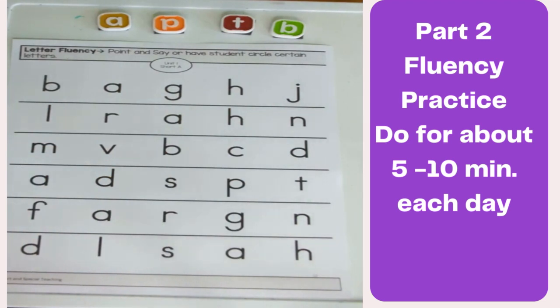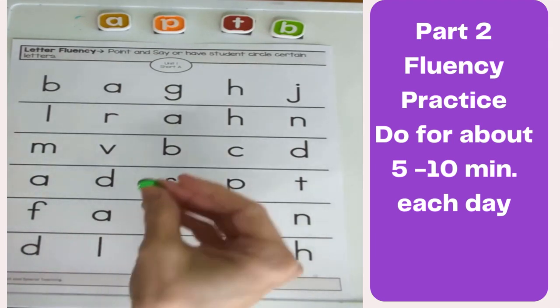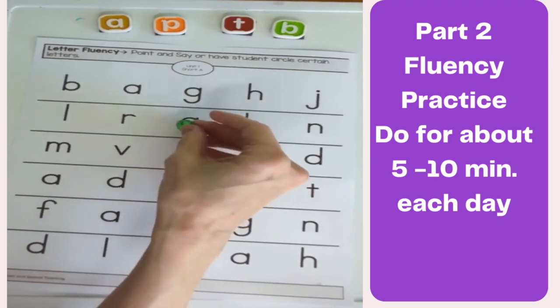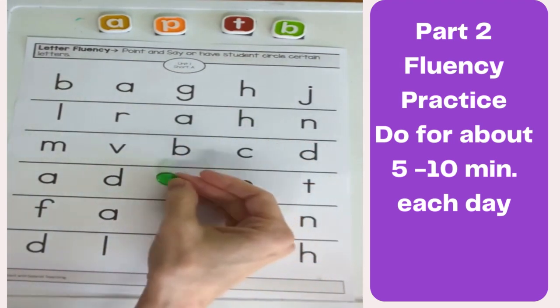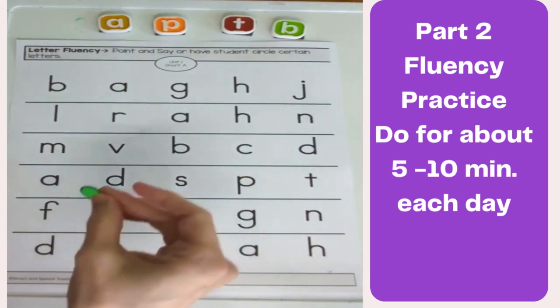You can also play games with this. If your student is really struggling, I wouldn't spend a lot of time on this normally, but if your student is struggling, you can go back later and have them put a marker on the target sound that they're having trouble with.